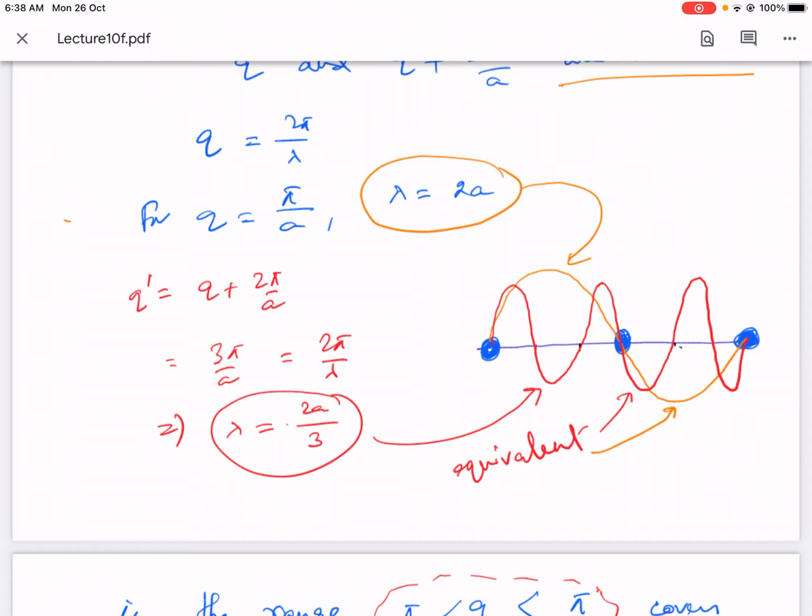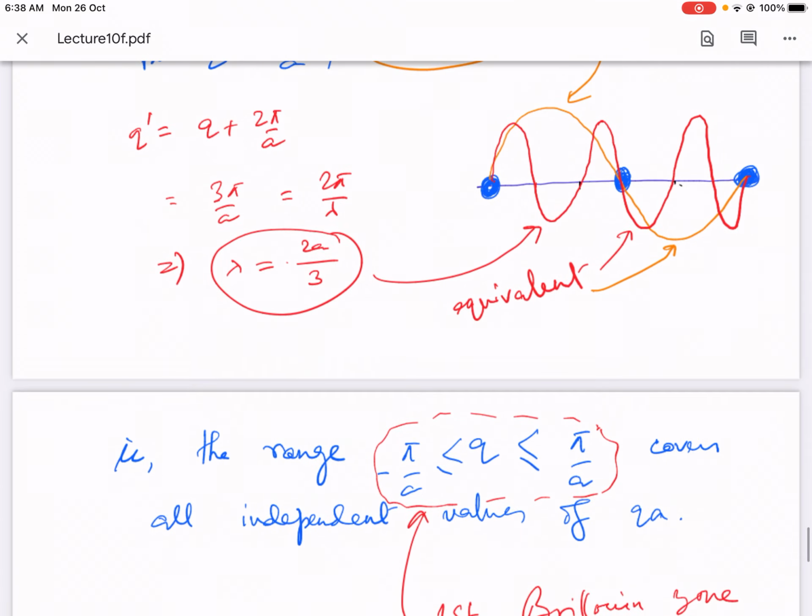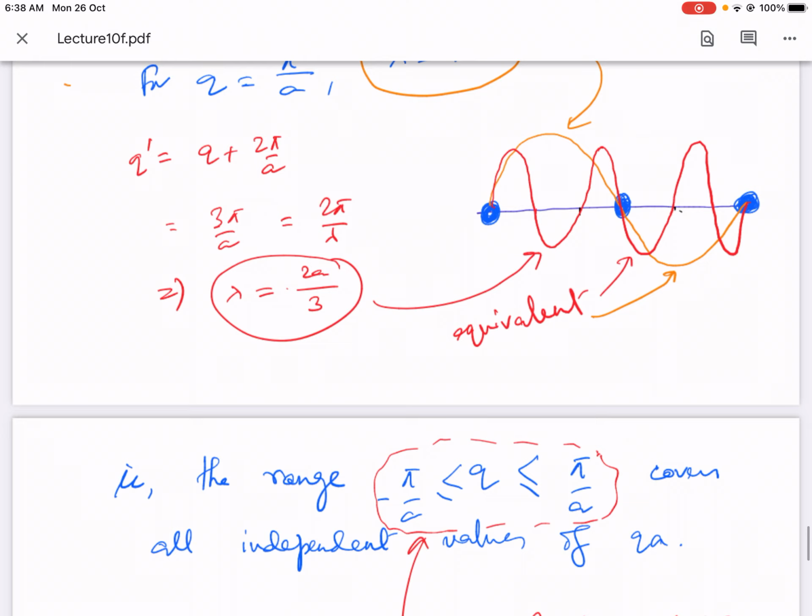So for these two wave vectors, the lattice behaves in the same way. That means the behavior of the lattice at pi by a and at 3 pi by a are similar.